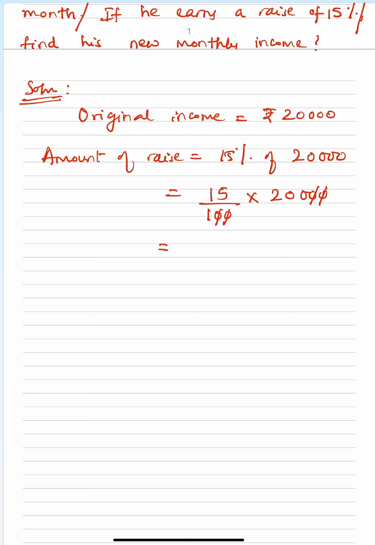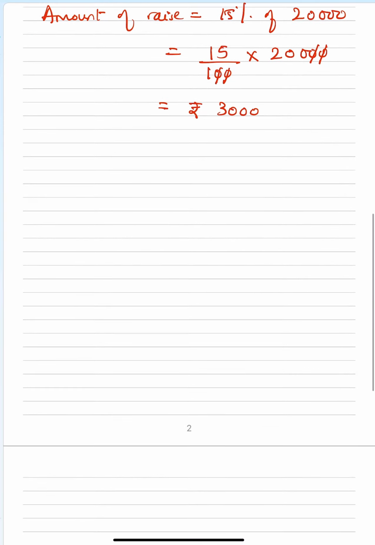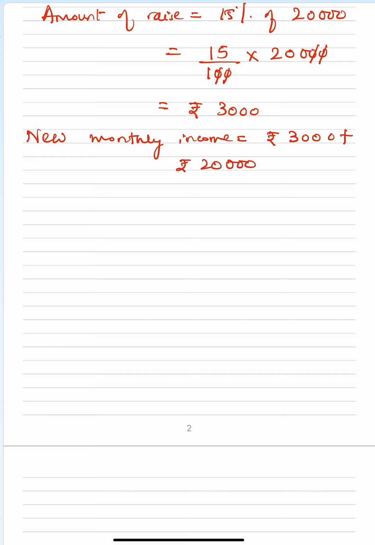This will become rupees 3,000. Correct? So what will be the new income? New monthly income is equal to rupees 3000 plus 20,000, which is equal to rupees 23,000. Correct? So this way we have to do the sums.